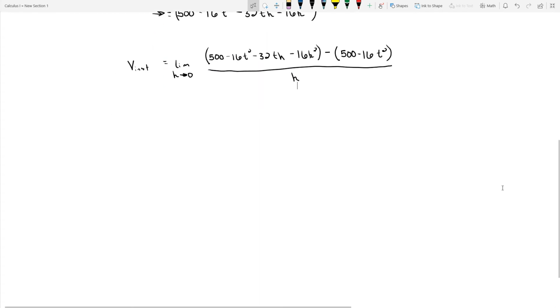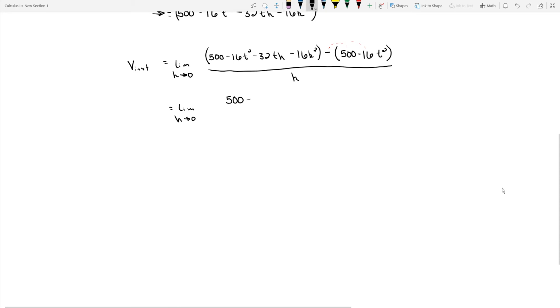So now the fun task of reducing this down. Let's multiply by that negative 1, and then we can get rid of these parentheses. So we will end up with the limit, with h still approaching 0. If it's okay, I'm going to move through this a little quicker here. Normally I would take the largest exponent value and reduce it down from left to right to the smallest, but this should be pretty self-explanatory. It's just algebra. So we're going to go 500, negative 500, sorry, positive 500.